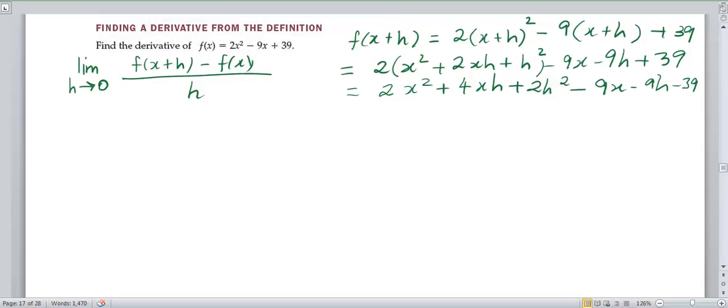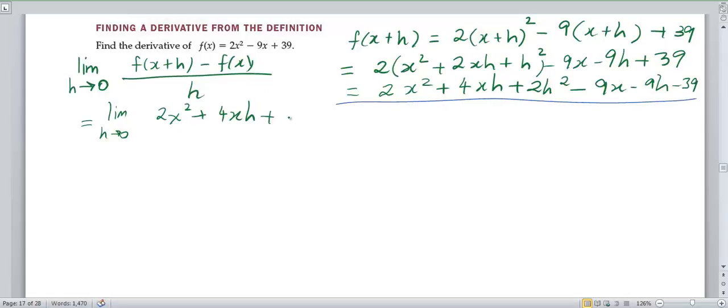We need to find the limit as h goes to 0 of f of x plus h, which is this function right here: 2x squared plus 4xh plus 2h squared minus 9x minus 9h plus 39.